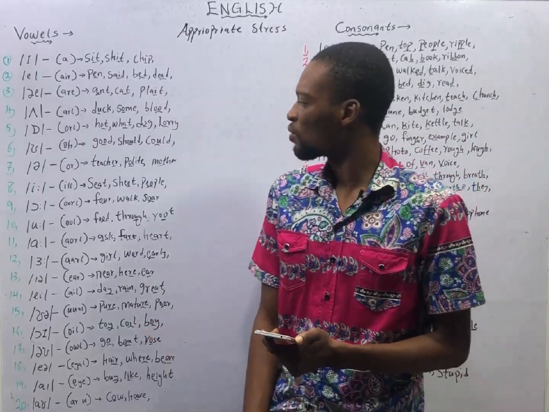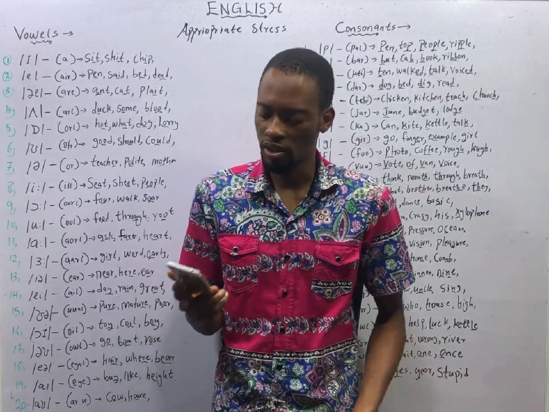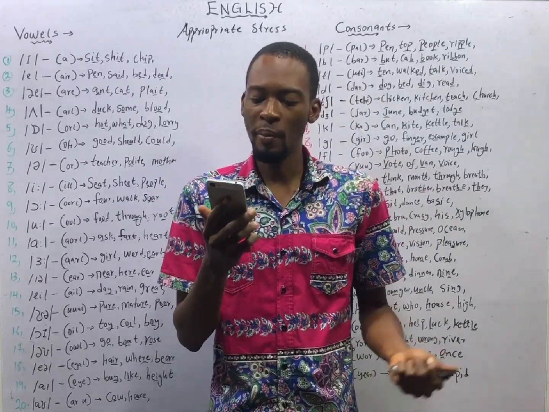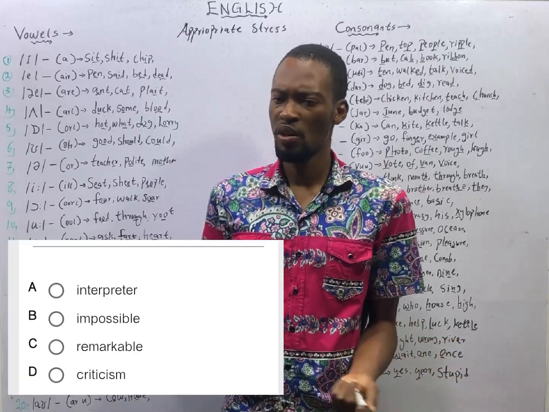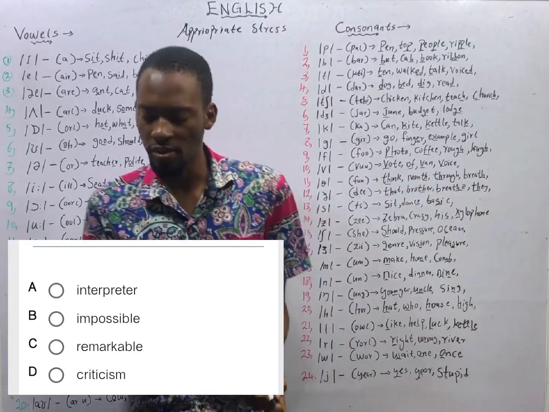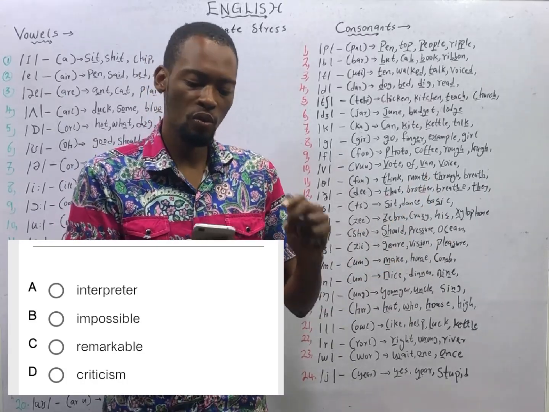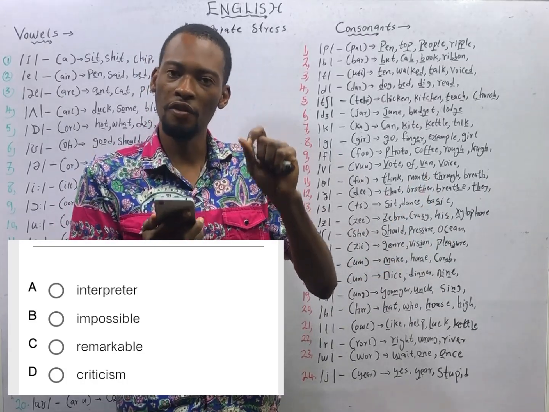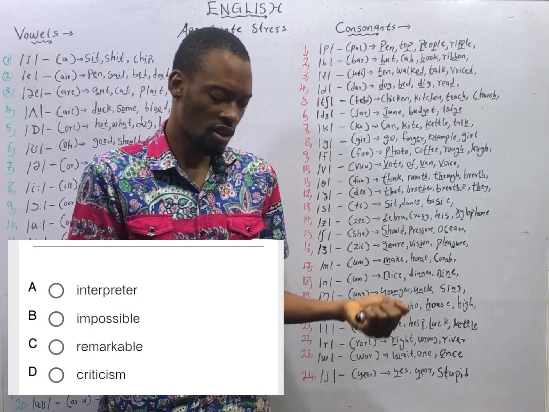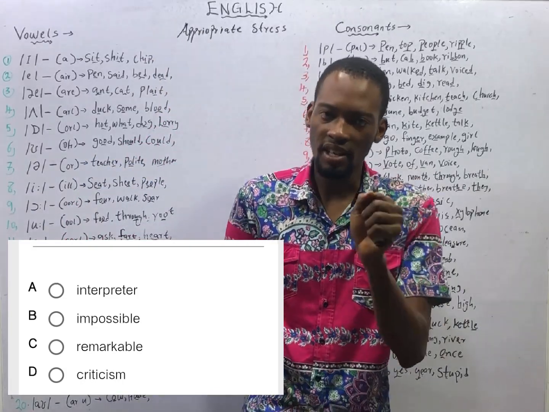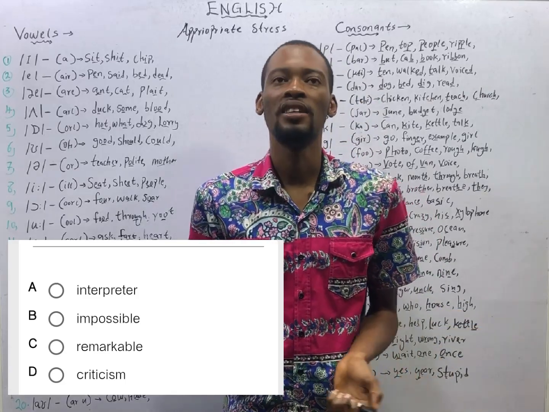Then this question, we are given 4 words: interpreter, impassable, remarkable, and criticism. You need to answer which of them has a different stress pattern, or which of them is stressed on the first syllable. In interpreter, "te" is stressed. Why?